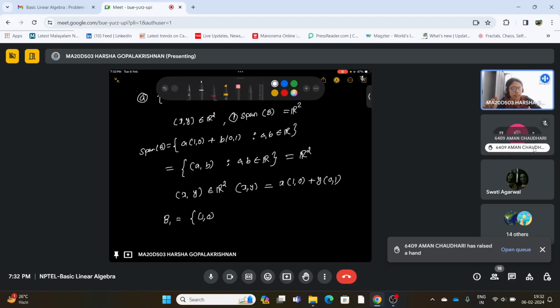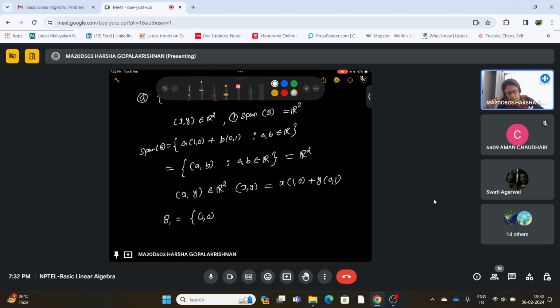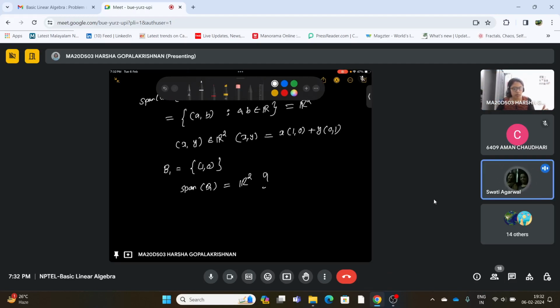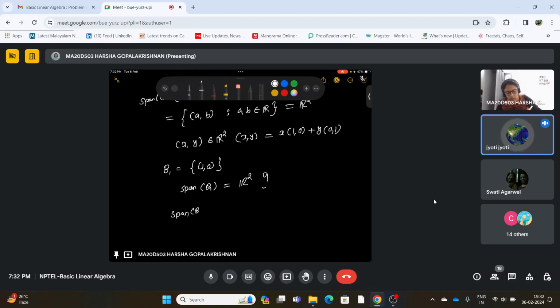Okay. Now, is the span of B1 equal to R2? No, it is not. The span of B1 is just the x-axis.